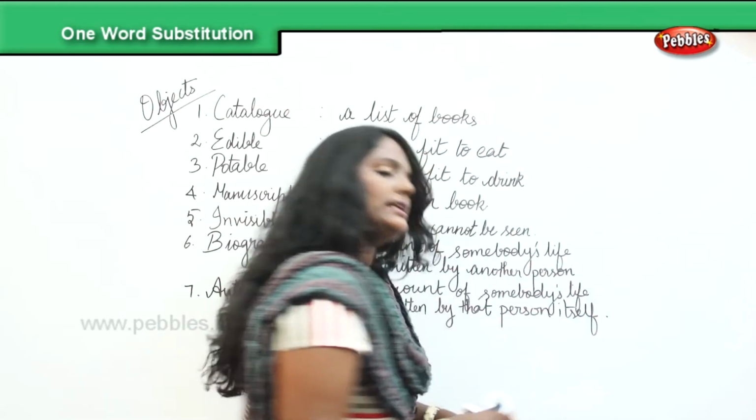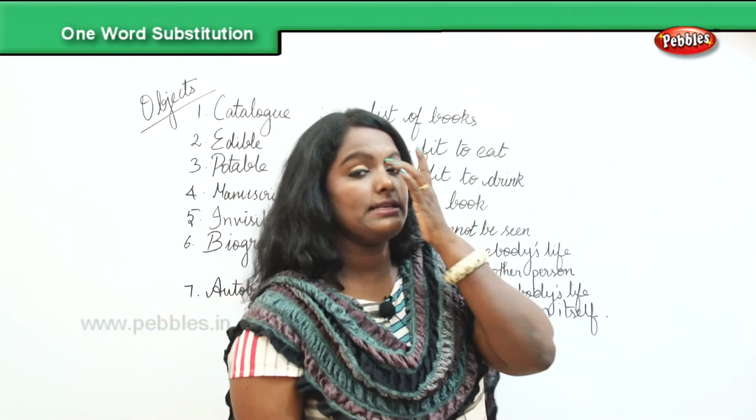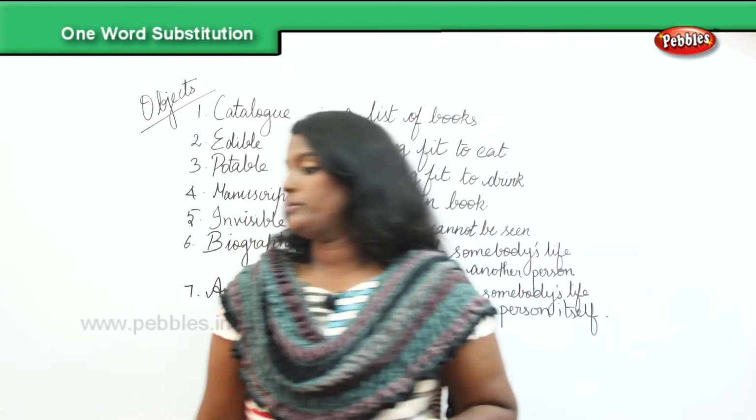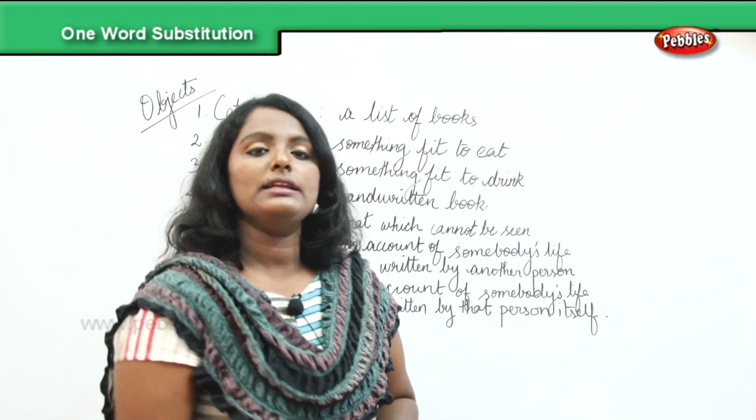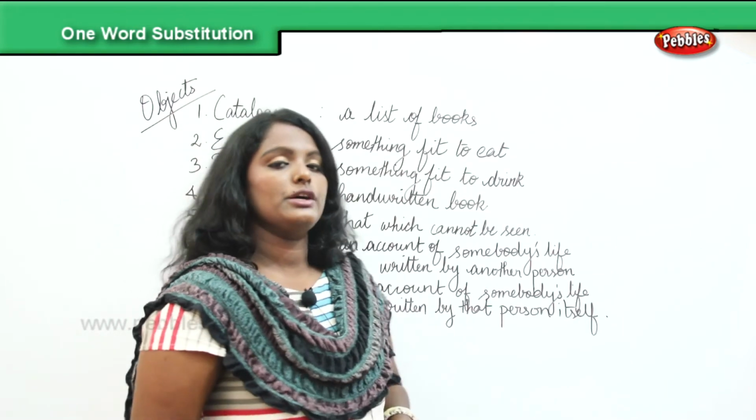Now, if I am going to write a book on myself, about myself, then that becomes an autobiography. Whereas, when I write a book on somebody else, then it becomes a biography.